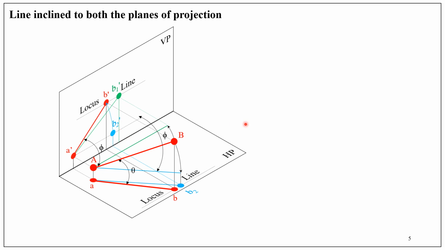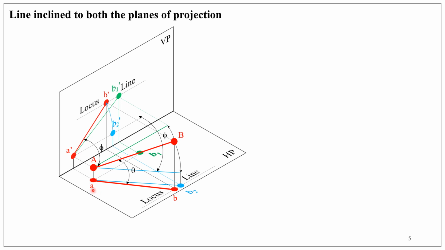And again, from that point, draw a projector. So one end of the line is B1 dash, the other end is A dash. A dash corresponding top view, A, is already drawn here. So from A, draw a horizontal line. Both will meet at the point B1.